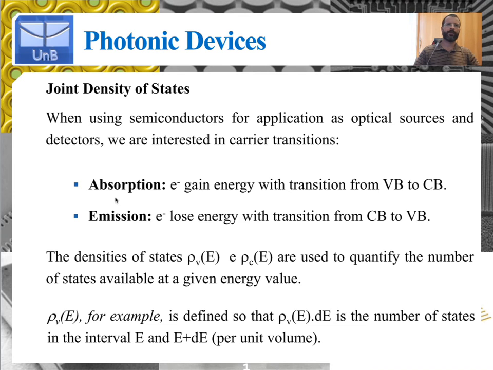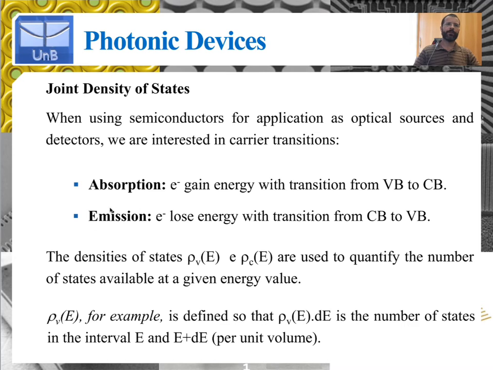So for example, in the case of absorption, an electron can gain energy that is supplied by the photon that is absorbed, and then transit from the valence band up to the conduction band. So it'll gain energy, and this energy will be supplied by the impinging photon, which after the absorption no longer exists.